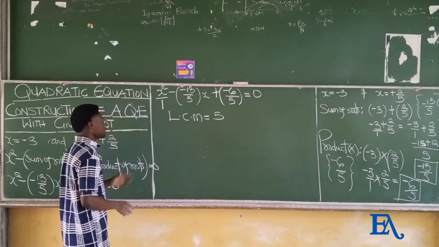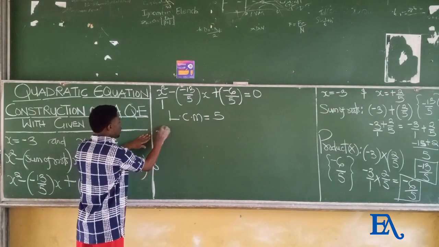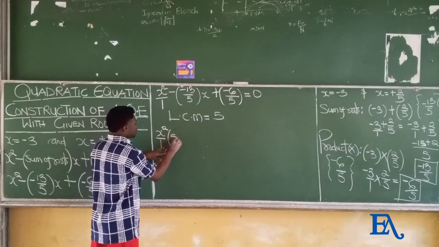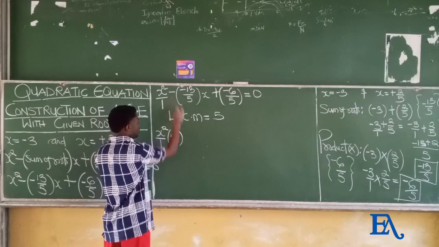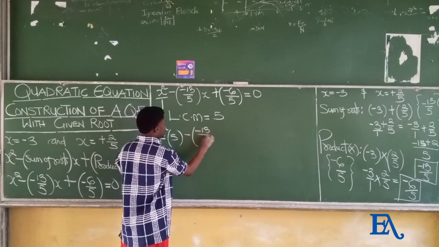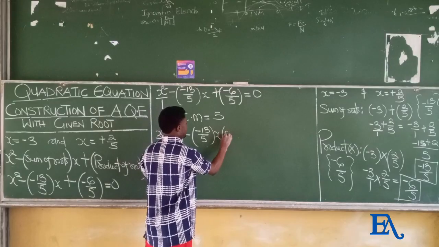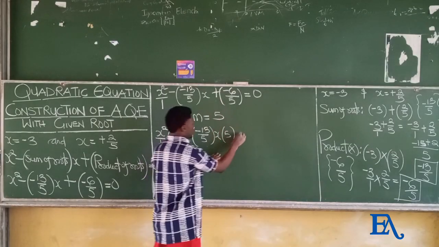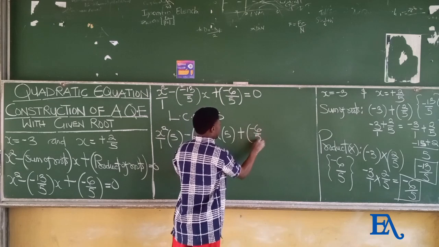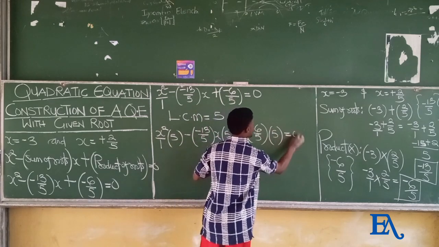Therefore, multiplying by 5, we have x squared over 1 times 5, minus 13 over 5 x times 5, plus minus 6 over 5 times 5 equal to 0.